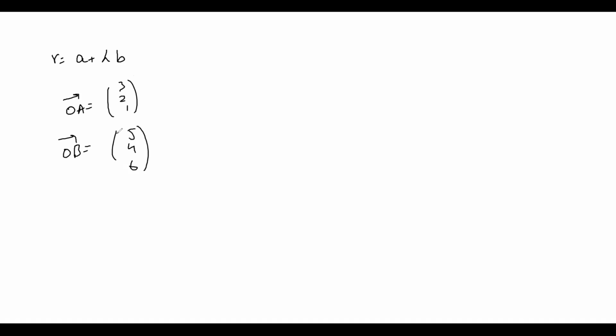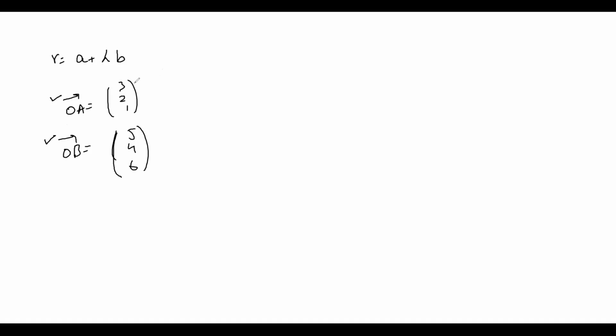You have to write down the vector equation of a line containing these 2 points. Now this A, you can keep this OA as your A, or you can keep your OB as your A. Both can be fitted on the place of this A over here.